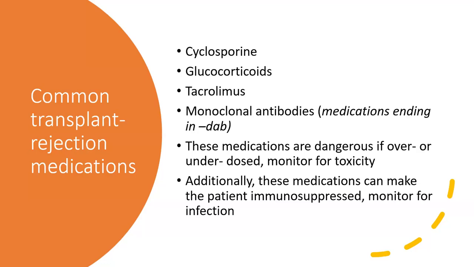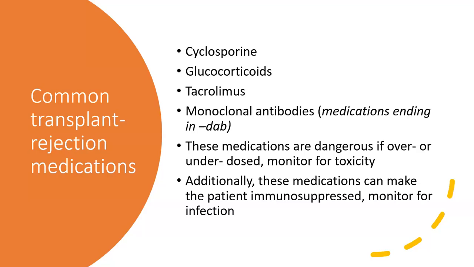So, when you're on these medications that are manipulating your immune system, these medicines are very dangerous if the patient is given too much or if the patient's given too little. It's very easy to become toxic on these medications because they're very powerful. So, we have to monitor for toxicity on all of these different meds, and we need to make sure that we are giving them the correct medicine, the correct amount of medicine.